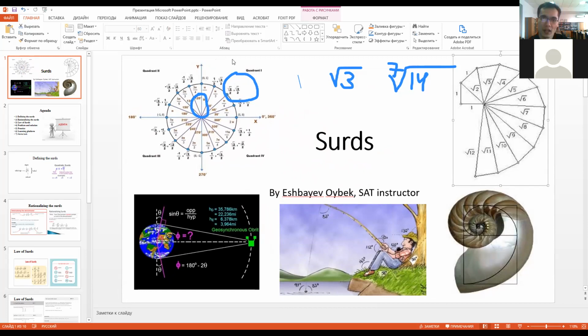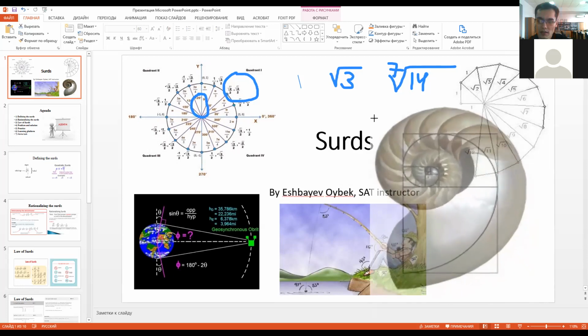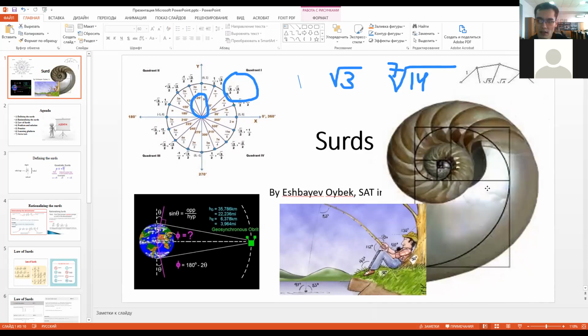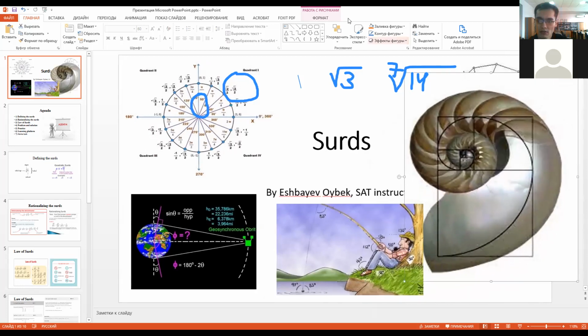Yes, this is a shell. And the parts of the shell look like this: square root 2, square root 3, square root 4, square root 5. You see? And in mathematics, the shell can be expressed like this. Can you see?